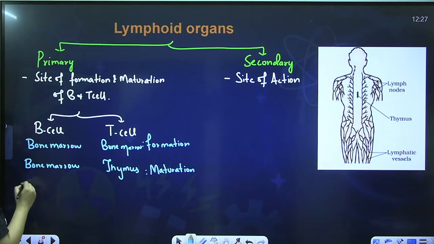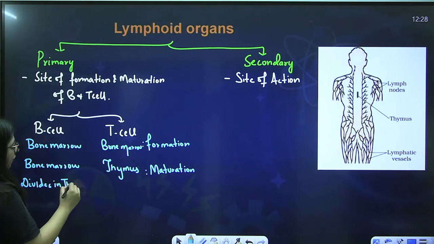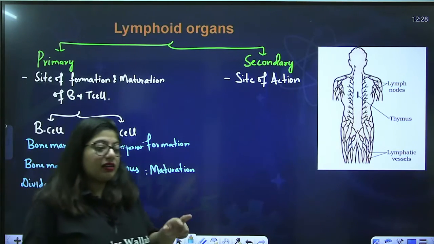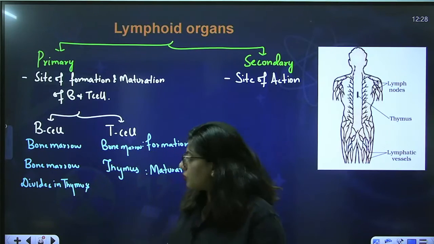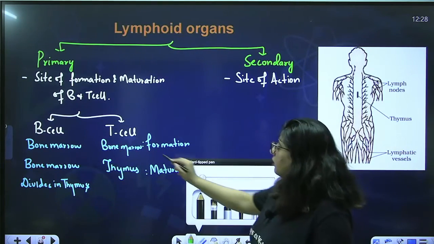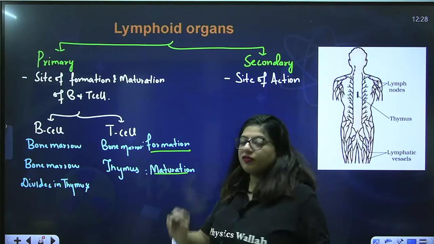But the B cells divide in the thymus because they have to undergo division on exposure to the pathogen. Only then will the B cell turn into plasma cell and memory cell. So their division occurs in the thymus, but their maturation and formation both occur in the bone marrow, whereas the maturation of T cell occurs in thymus.